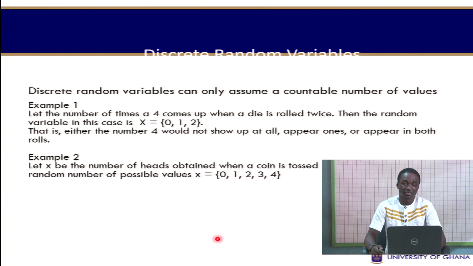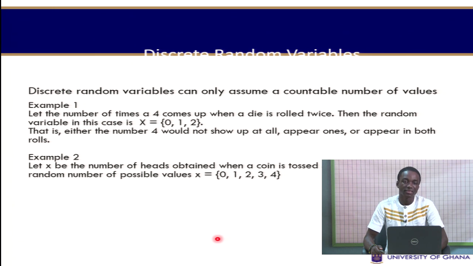Let's look at some examples of discrete random variables. The number of times a 4 comes up when a die is rolled twice. In this case, if a die is rolled twice, there's a possibility that a 4 will not appear, or a 4 would appear only once, or a 4 would appear twice.